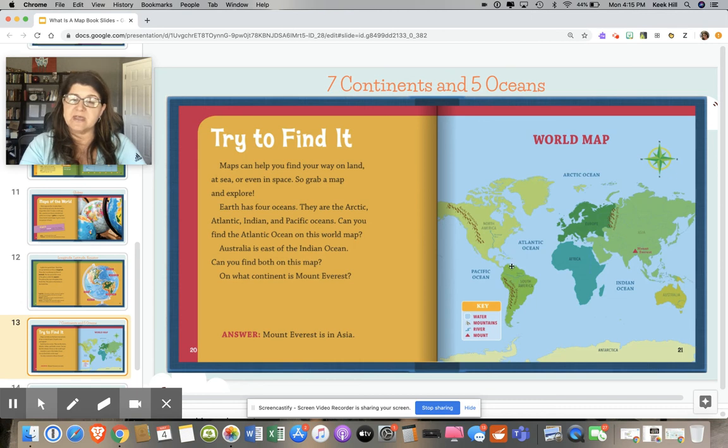And the Pacific goes over here too, because if you took this paper and curled it into a circle, the Pacific Ocean would go on both sides. And then there's the Arctic, that's the cold ocean up at the top. This is the Indian Ocean, and it's the warmest ocean. And then the fifth ocean is right down here. It's called the Southern Ocean.